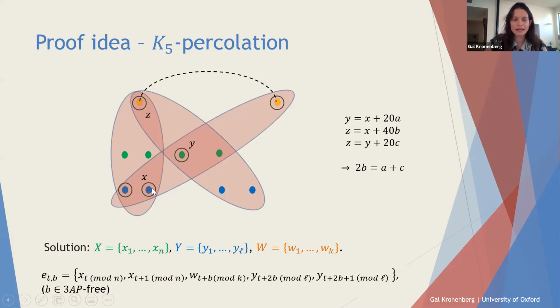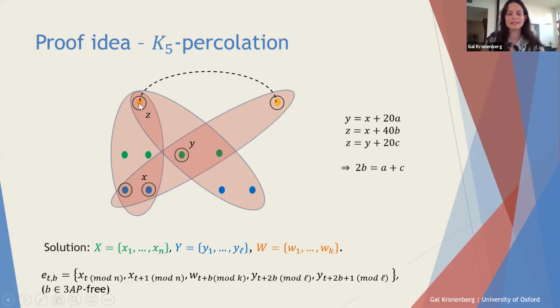So if I take xt and xt plus 1 in their edge, I will not take yt and yt plus 1. I will take yt plus b and yt plus b plus 1. And I will take yt plus 2b and yt plus 2b plus 1, doesn't really matter.